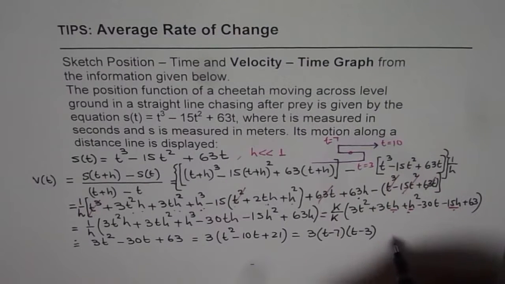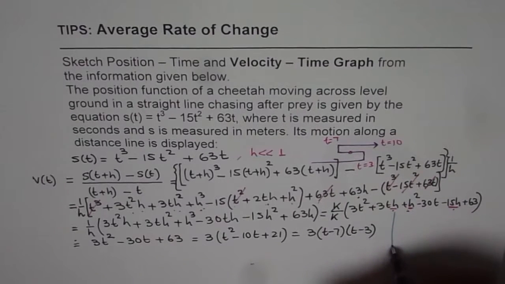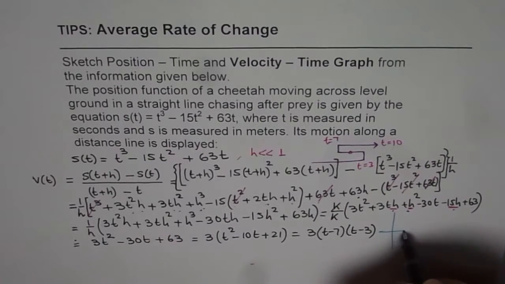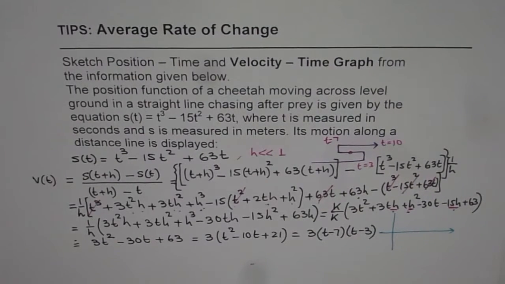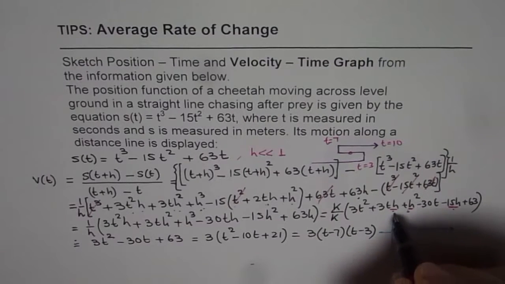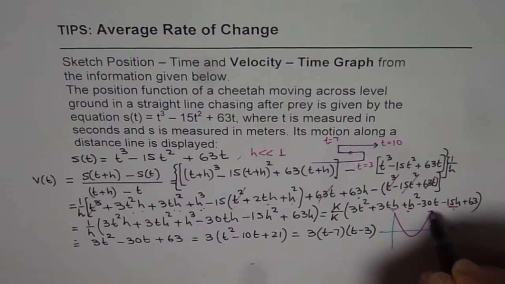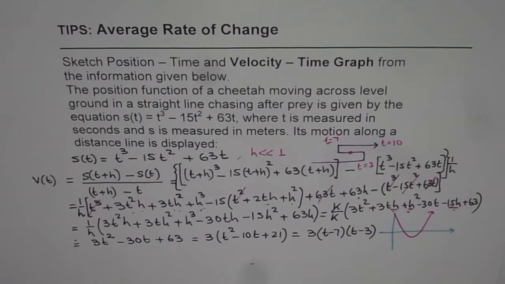Since we have run out of space, I will sketch it in one corner. So it is a parabola which will be something like this. Now we can calculate the values.